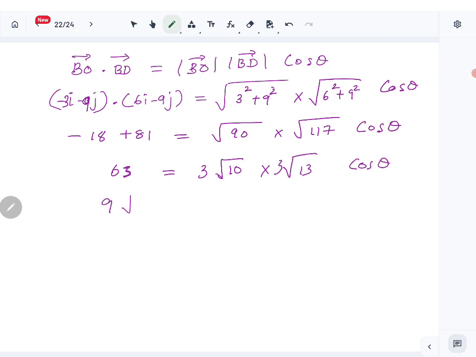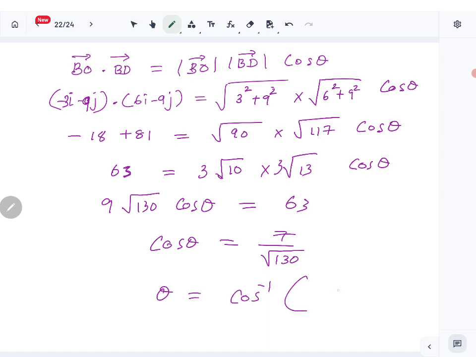So 9 root 130 cos theta equals 63. So cos theta is equal to 7 over root 130. Then the angle theta we needed to find is cos inverse of 7 over root 130, right?